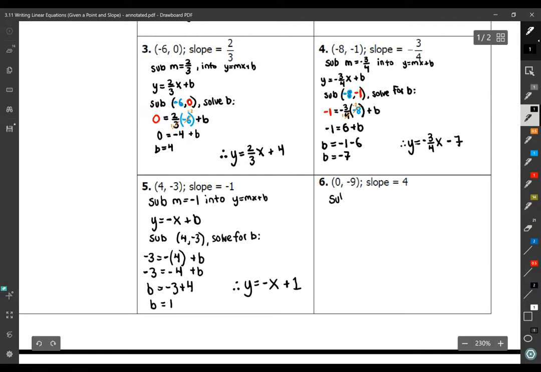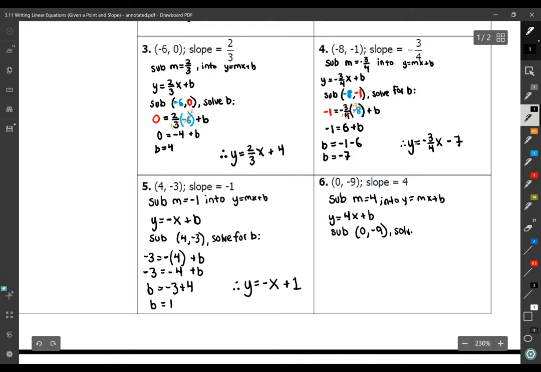Okay, last question. So we're going to sub m equal to 4 into our equation, into y equals mx plus b. So we get y is equal to 4 times x plus b, and then we substitute our point, 0, negative 9.